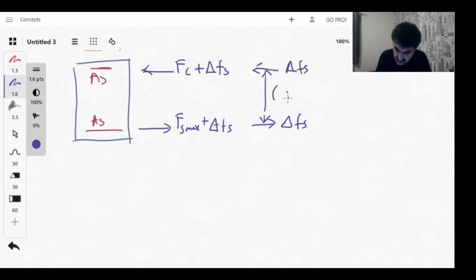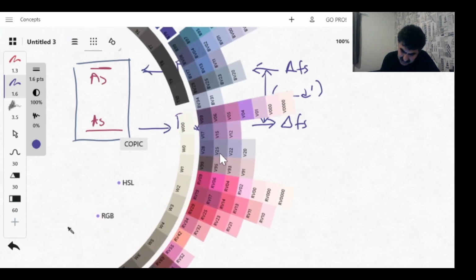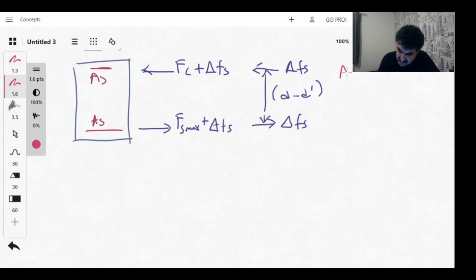The lever arm will be d minus d prime. Now let me calculate this moment first. As you know, the design moment Md is bigger than the maximum moment.